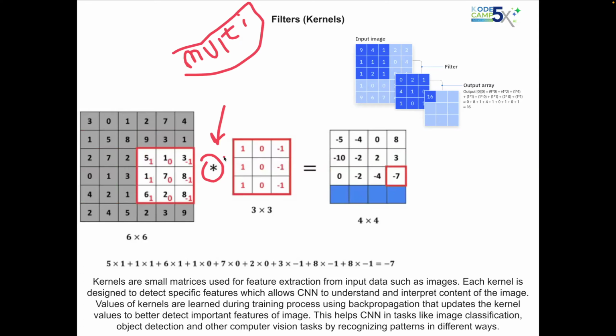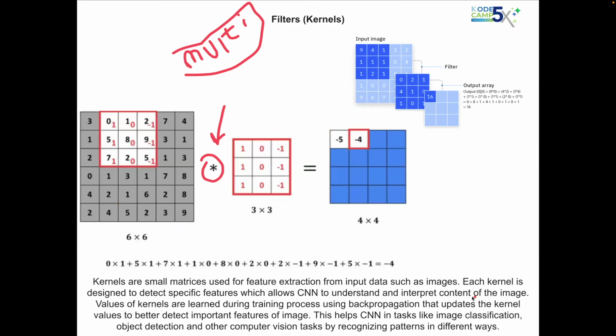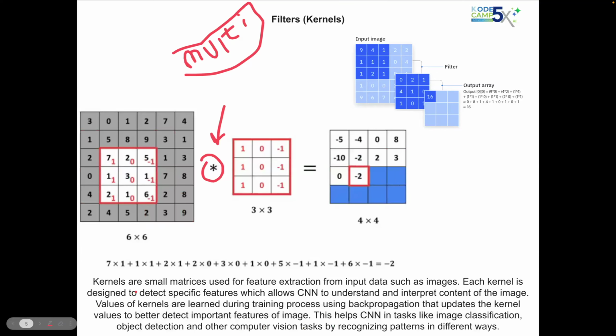As simple as that. So each kernel is designed to detect a specific feature, which allows CNN to understand and interpret the context of an image. Values of the kernel are learned during the training process using backpropagation, which updates the kernel values to better detect important features.